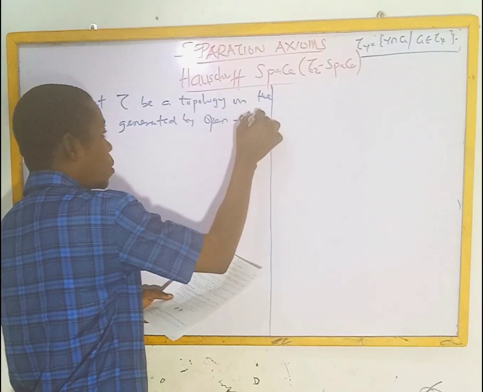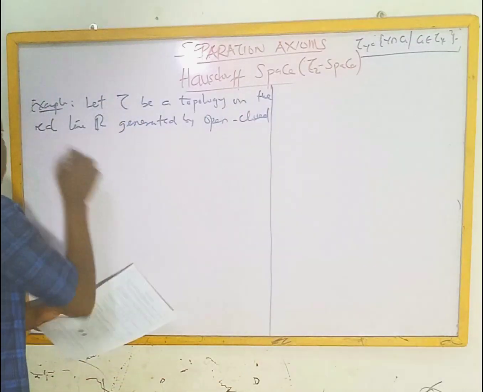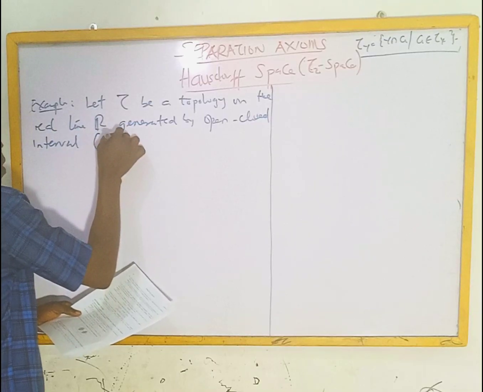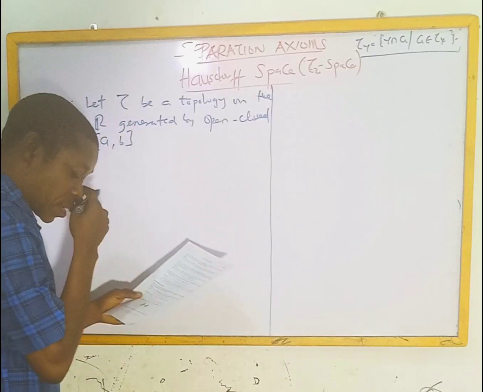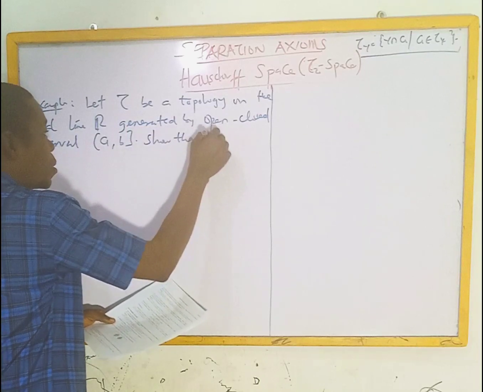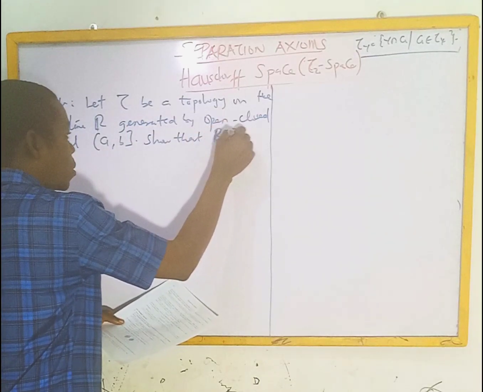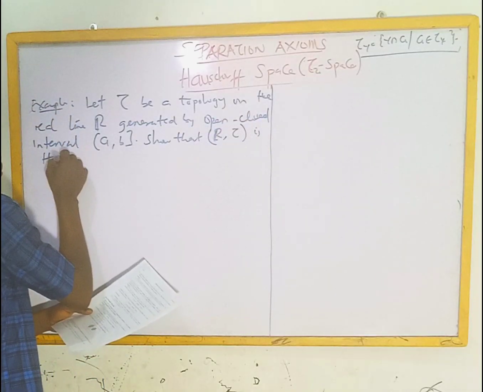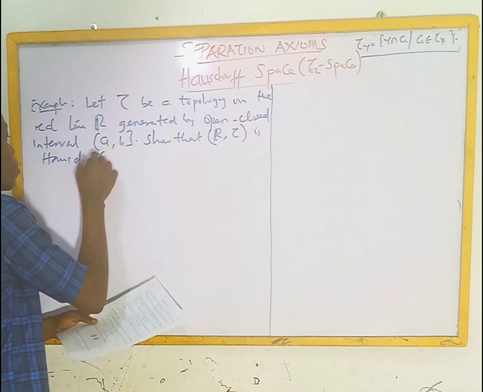Open, closed intervals. That is, you have an interval open here and closed at this place. I got that. Now, let's just show that this space is what? Hausdorff. So that space is Hausdorff.